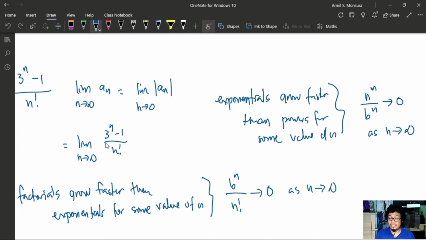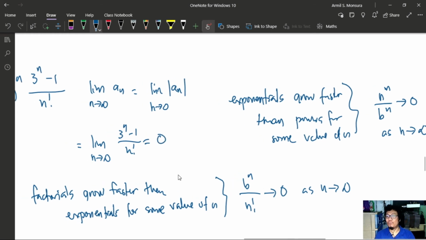So here, we can see that the limit of 3 raised to n minus 1 over n factorial as n approaches infinity: again, this is an exponential and this is a factorial. Factorial tends to grow faster than the exponential. So eventually this becomes a very large number. Although this is also a very large number, since this grows faster than this one, we can say that this limit is 0.